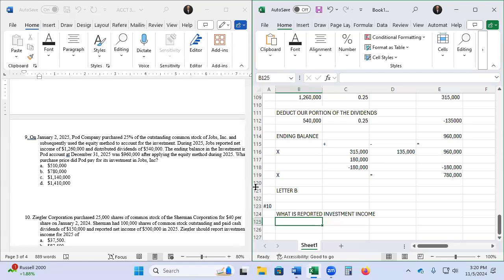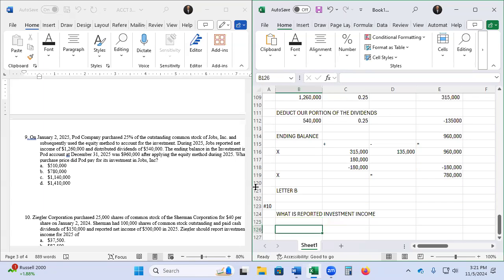All right, so I ask a question of you. Based on number 9, what do we know is going to affect our net income? Or in this case, investment income? So not so much income, right?